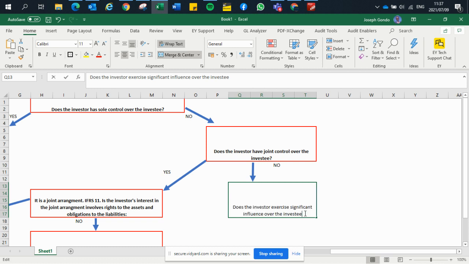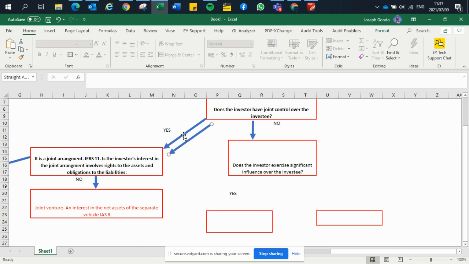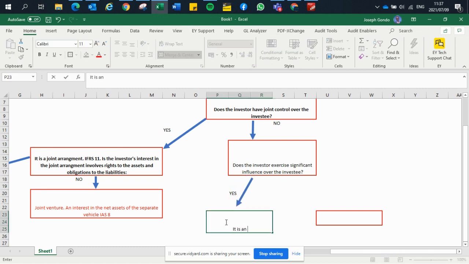That's the question if the answer is no to the second question. If we say yes, the investor has significant influence over the investee, then it is an associate. Apply IAS 28, which talks about associates and joint ventures.